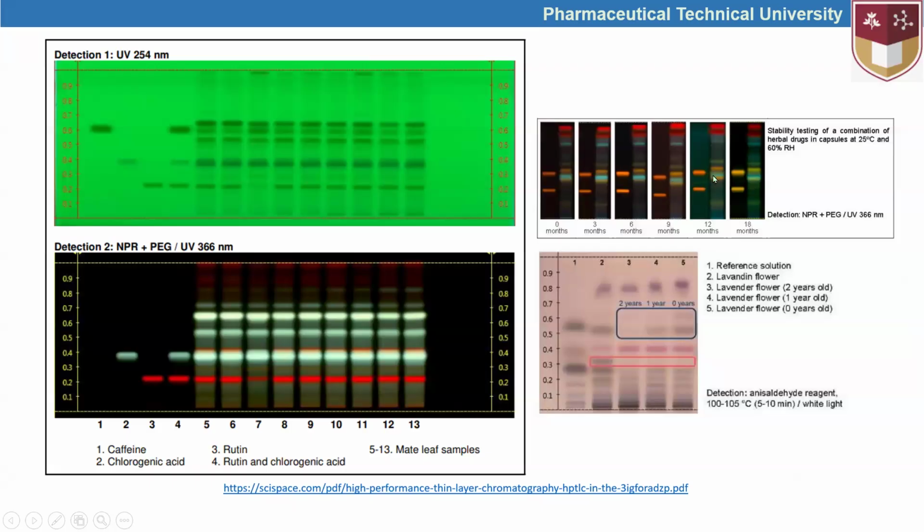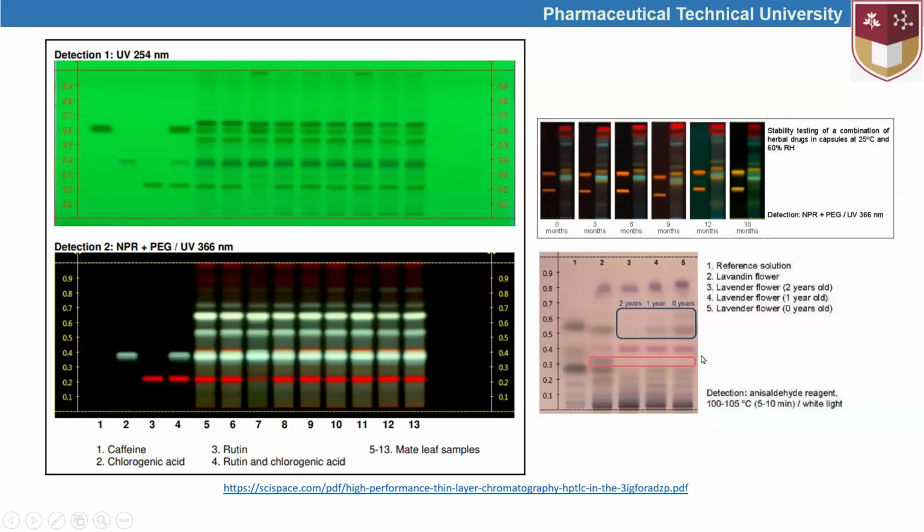They are close to each other, and this color existing and this color existing, and here we can see the presence of this color, but this color may be lowered a bit. So by using this kind of comparison, it will be possible to see the effects of TLC for stability testing as well.